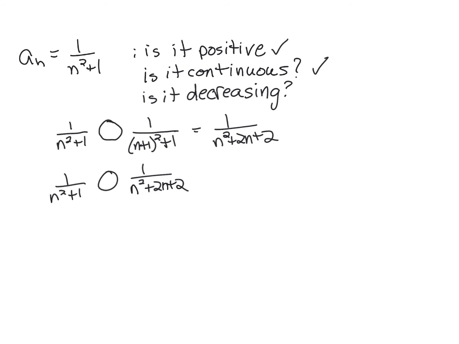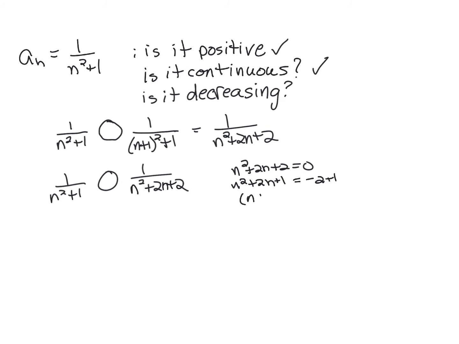Let's just do this for good measure here. n squared plus 2n plus 2. You can't factor it. So I'm going to move that 2 over here. I'm going to take half of this 2, square it, and add it to both sides.